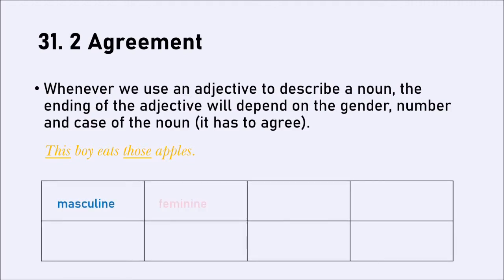So let's have a look at the table of agreement. So here are masculine, feminine, neuter, and plural nouns, and here are the corresponding endings. Adjectives that describe masculine nouns in Russian will end in y, i, or oy. For example, большой, which we saw at the start of the video. For feminine, it will be aya or yaya.